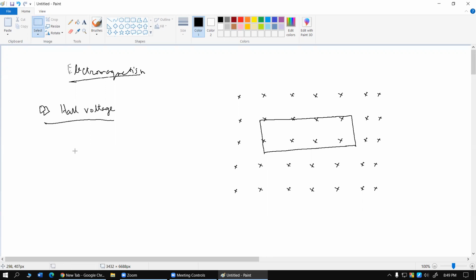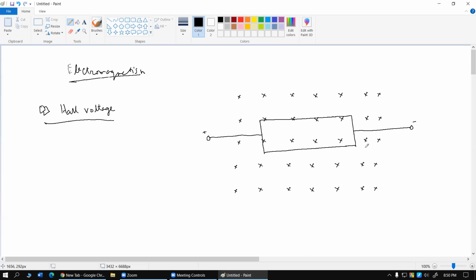Using an external circuit, we're going to connect the two ends, left and right end of this metal strip, with a voltage source. For the sake of simplicity, I'm not drawing that voltage source, but let's say it is connected so that this is the positive end and this is the negative end.